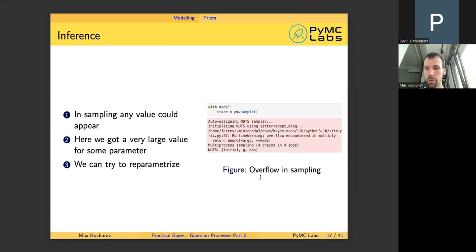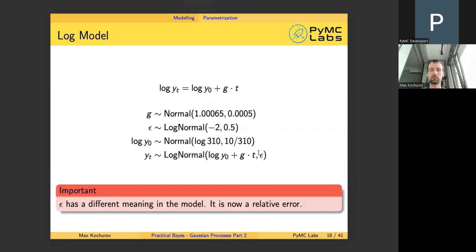If you try the naive model that doesn't take logs, we get some overflows, which are very annoying. So a good model would be to take logarithms again, as I mentioned previously.